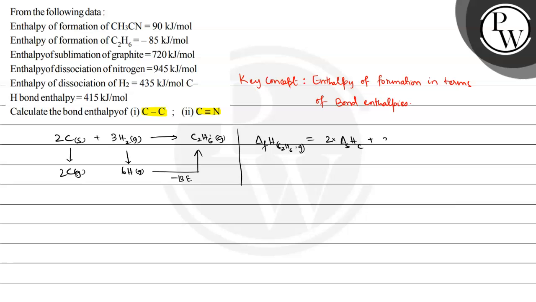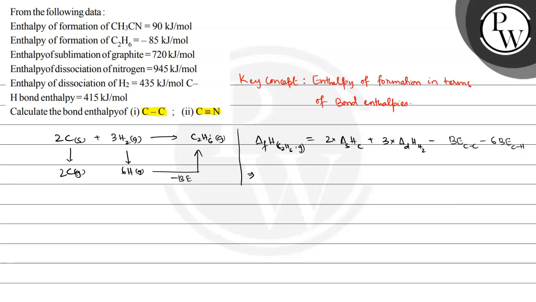So 3 multiplied by enthalpy of dissociation of hydrogen minus summation of all bond enthalpies. So यहाँ पर total 6 carbon single bond hydrogen और 1 carbon single bond carbon है. So summation of all bond enthalpies, that is bond enthalpy of C single bond C plus 6 multiplied by bond enthalpy of C single bond H.